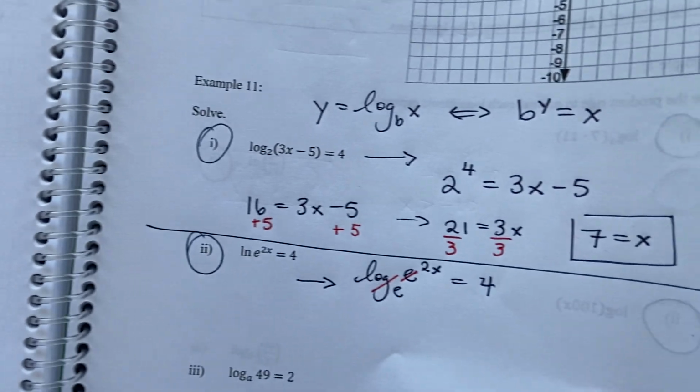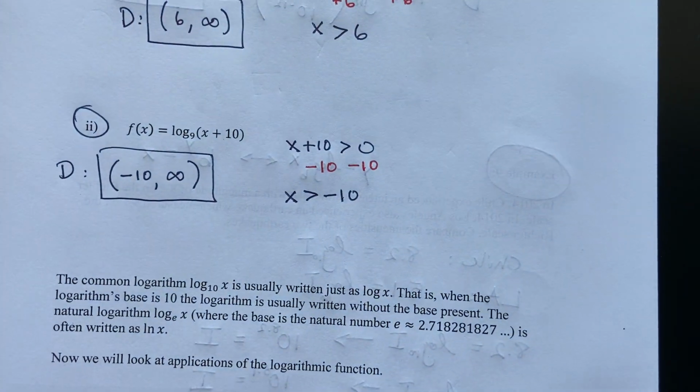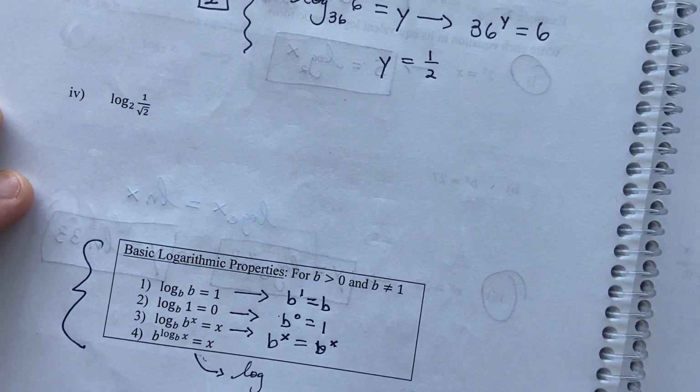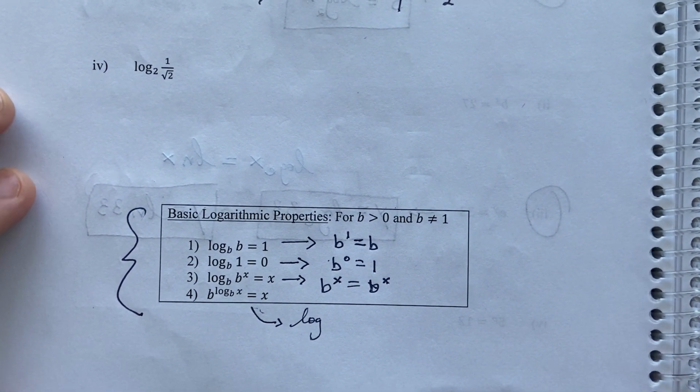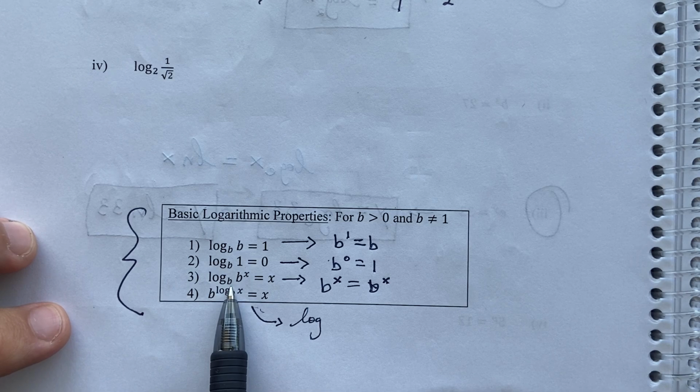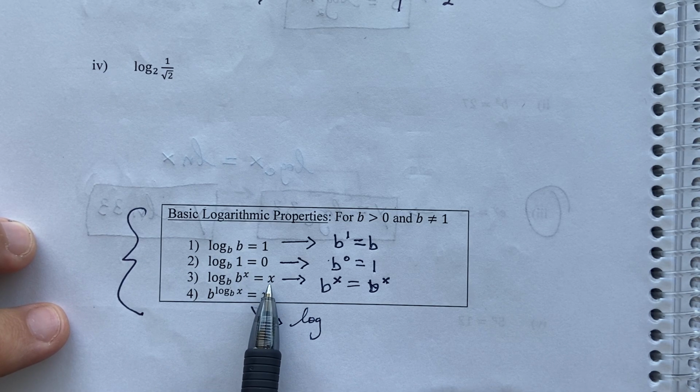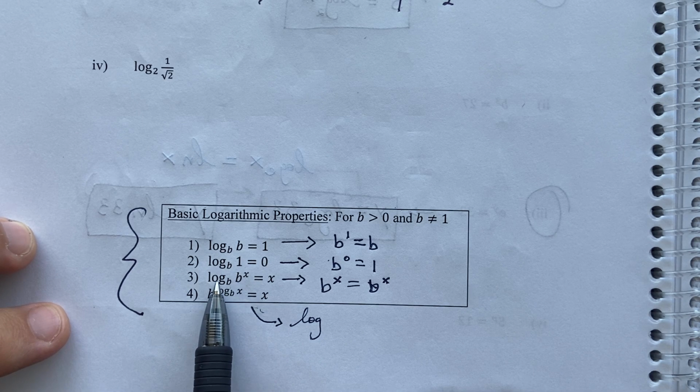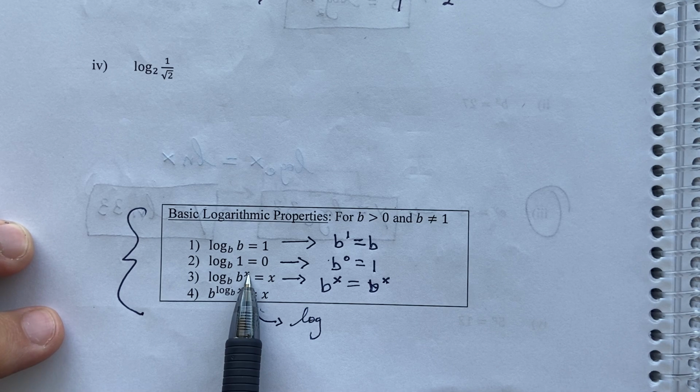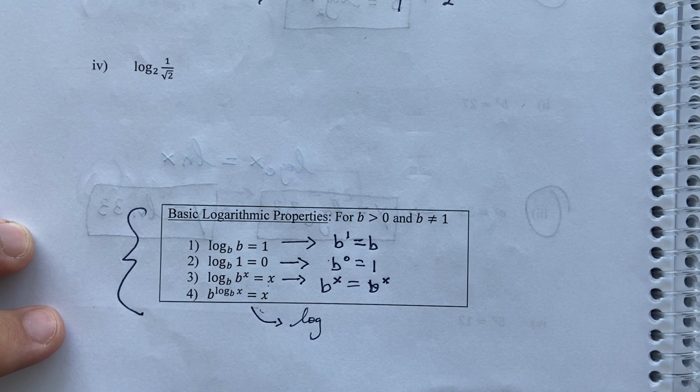Just to remind you guys, there's this property over here. So when you have log base b of the same base raised to whatever, just the whatever is left. So log base e of e to the 2x is just going to leave 2x.